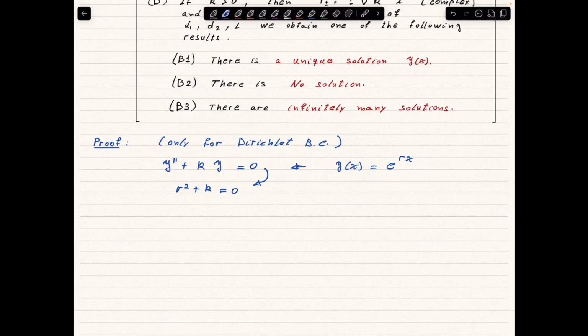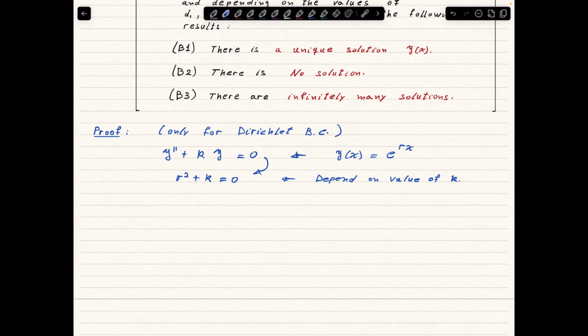And you see the solutions here are going to depend on the value of k, because usually we have a fixed k, now we have an arbitrary constant value for k.